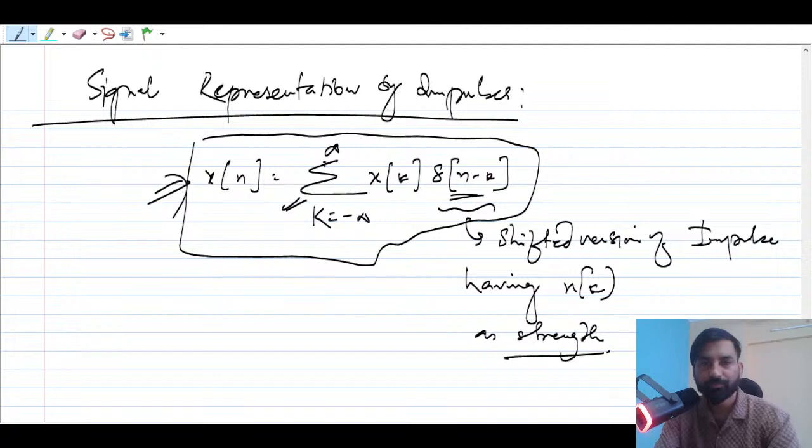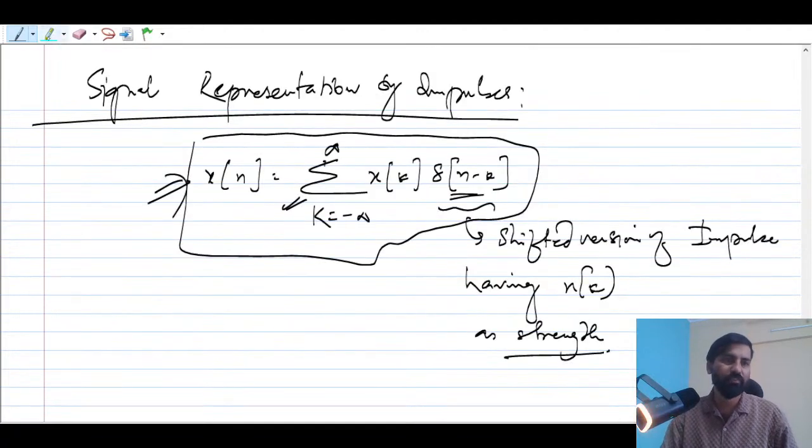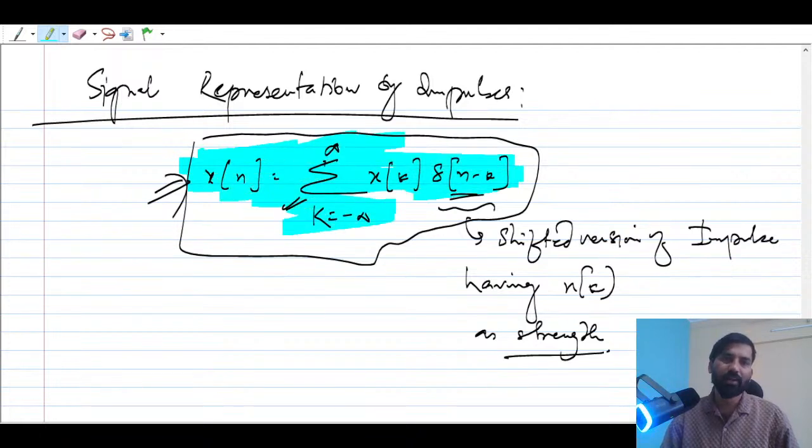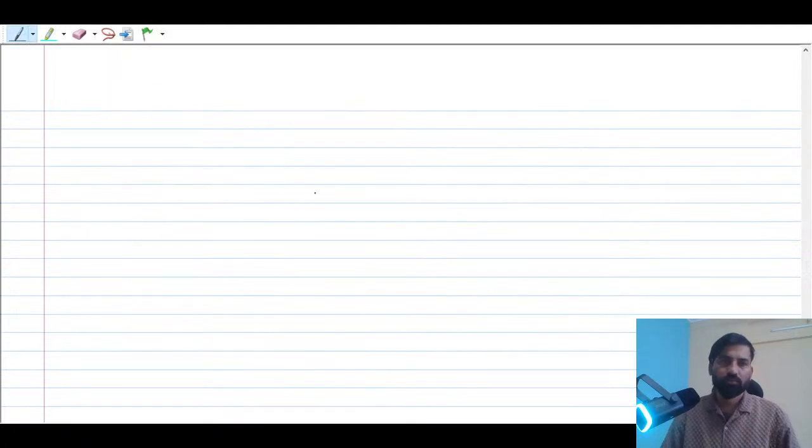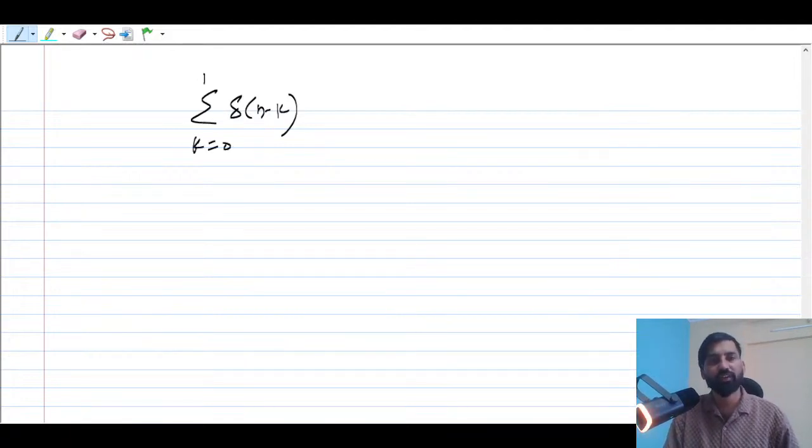Now you can think about a discrete unit step, following the same definition. If you take the shifted impulse delta n minus k and sum for positive values of k, from k to infinity, this will give you u of n.